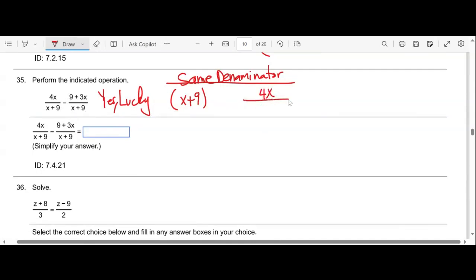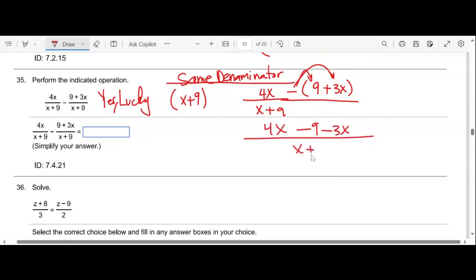So I have 4x over x plus 9 minus, and you have to open parentheses, 9 plus 3x. Now you distribute negative twice. So negative 9, negative 3x, over x plus 9. So now you combine like terms, and you're going to get x minus 9 over x plus 9.